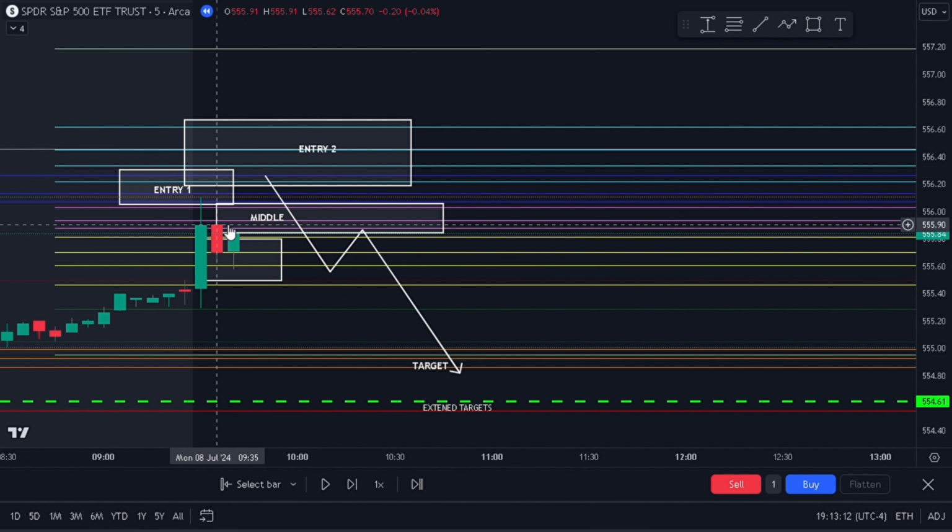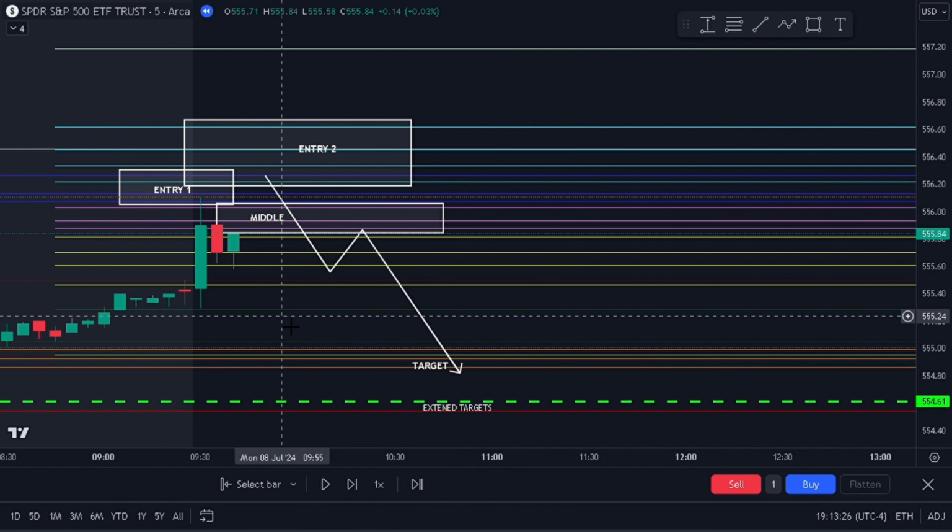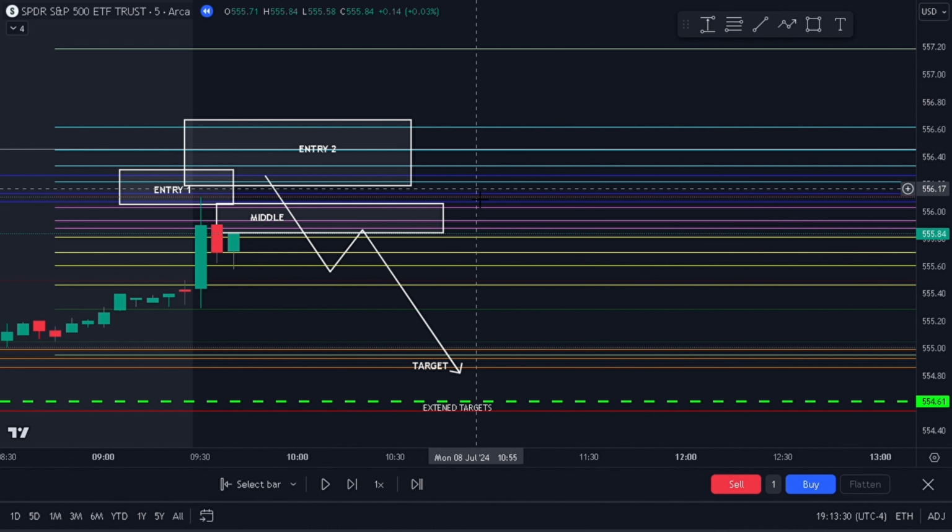Above the pink is puts, below the pink is calls. Do not add to any position under the pink if we're looking for puts. And that goes for when you're going long as well. Do not buy anything above the pink if you're going for long.